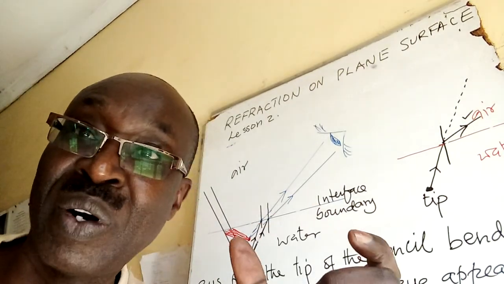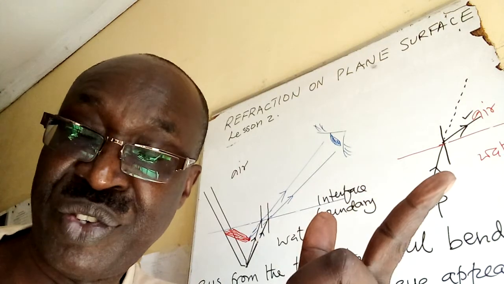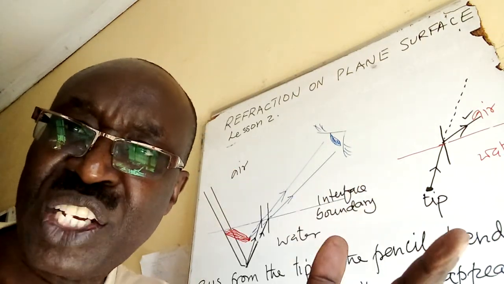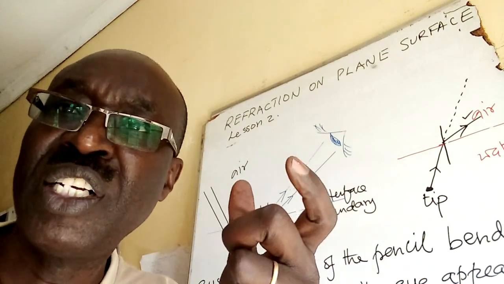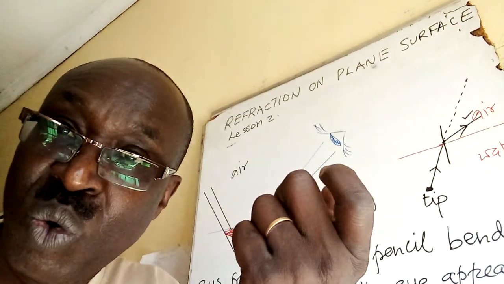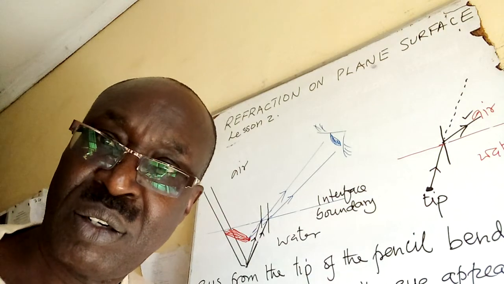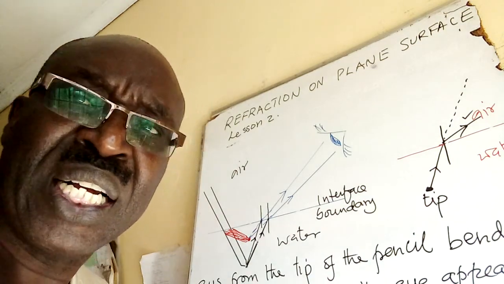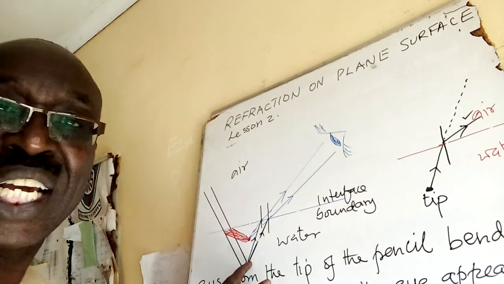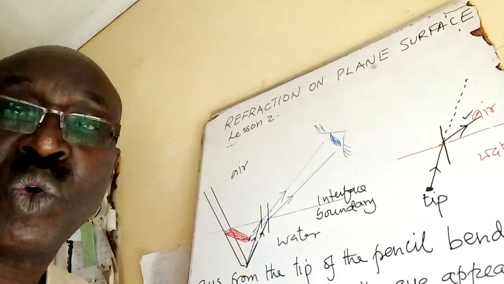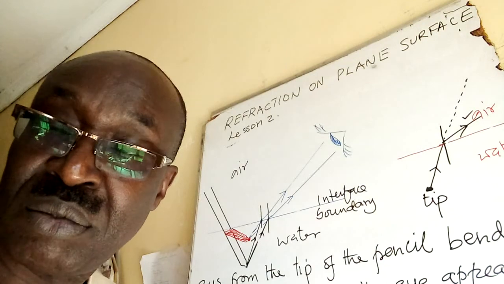The tip appears raised. The section in water is not real, so we put a dotted line. Okay? The real ones are these black and blue. This one inside water, blue in air.